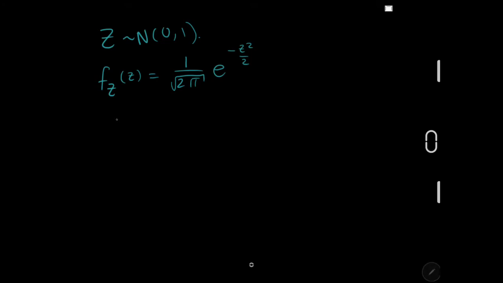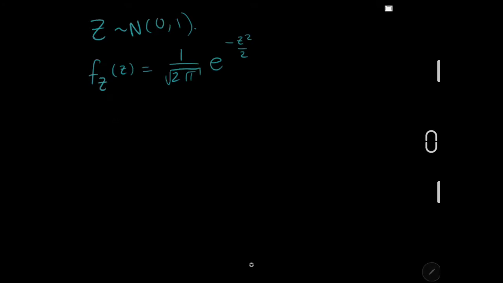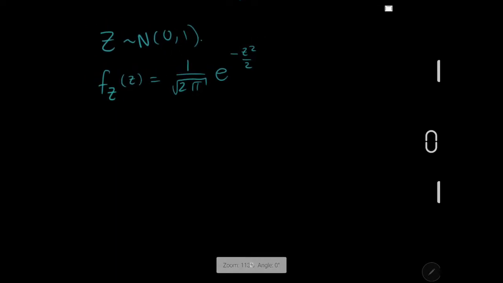If we want to get the CDF of Z, there's not a closed form solution. In other words, there's not a formula that you can write easily in terms of z. Technically you can write one, but you'll just be writing an infinite number of terms. So instead, what we say is F_Z(z), the cumulative distribution function, we just call this phi of z.